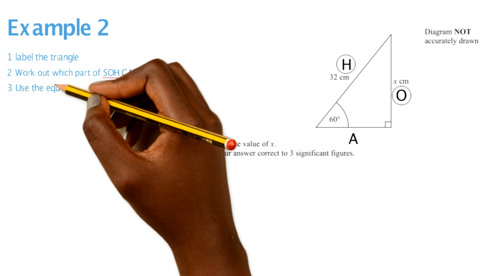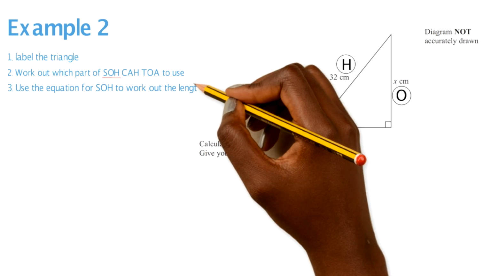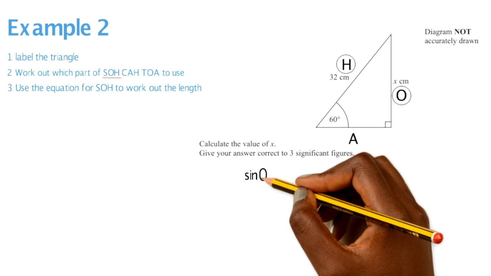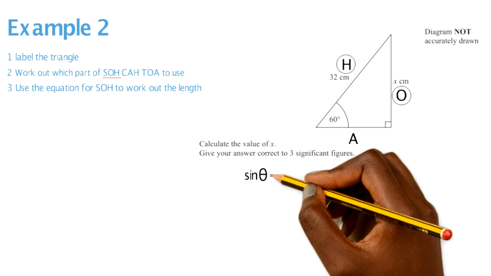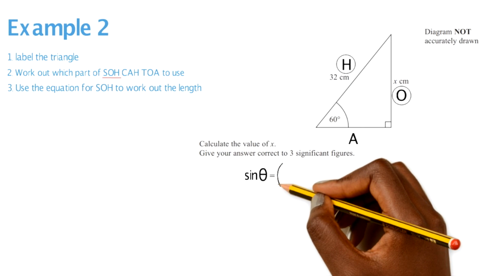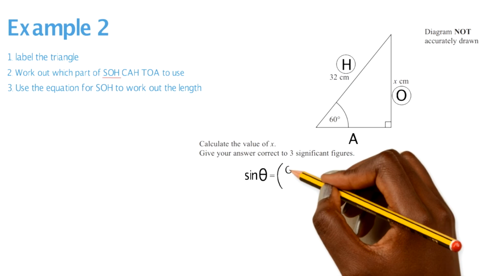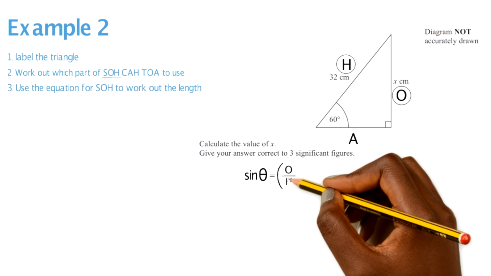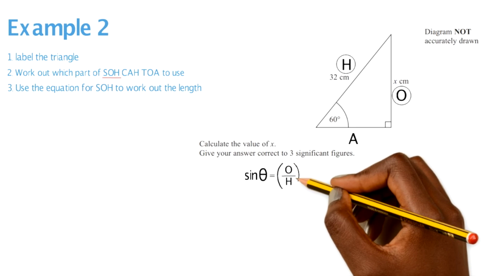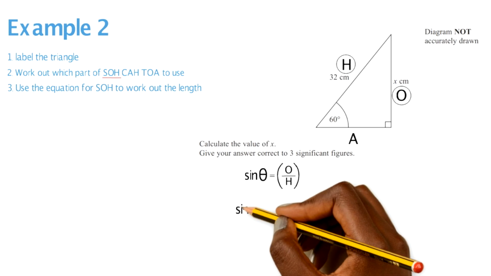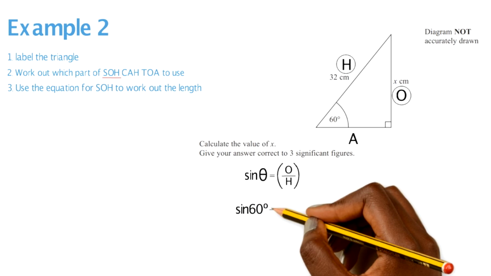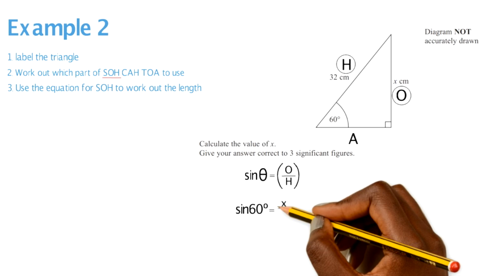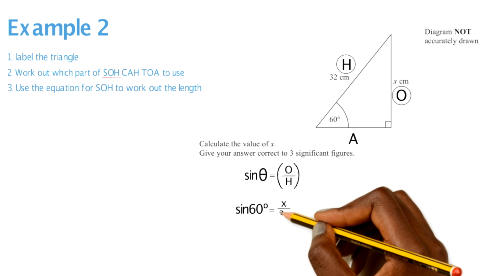So we're working out with sine. And then we're going to use the equation for SOH when we're working out the length, which was sine and then the angle, which is 60 degrees in this case, which we'll substitute in later on. But the formula was sine theta is equal to O over H. So now we're going to substitute all those values in, which is sine 60 degrees is equal to O we don't know, so we're going to put that in as x, as they've given, and that's going to be over 32 centimeters.